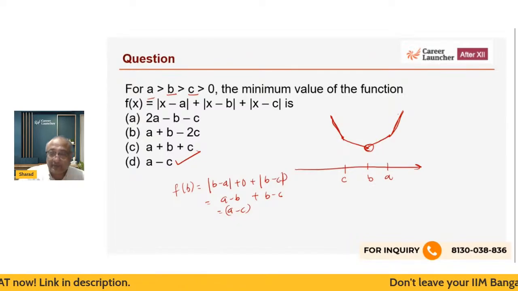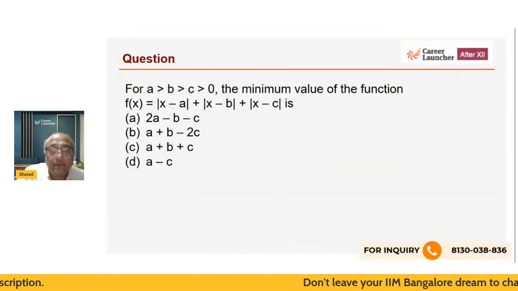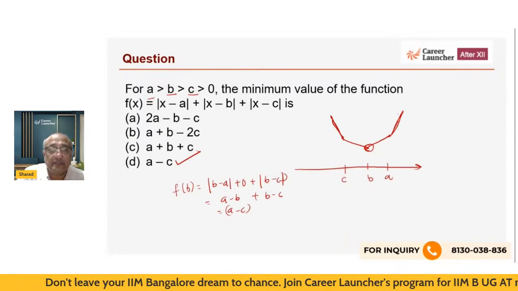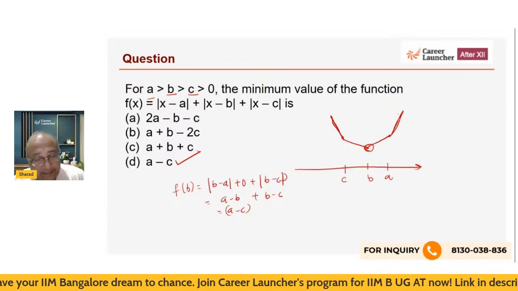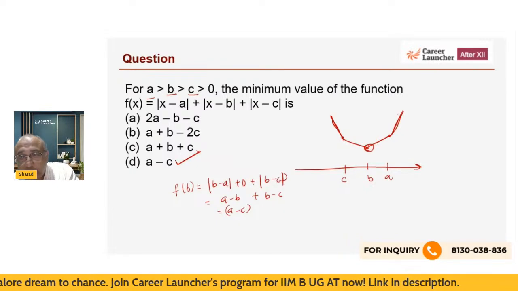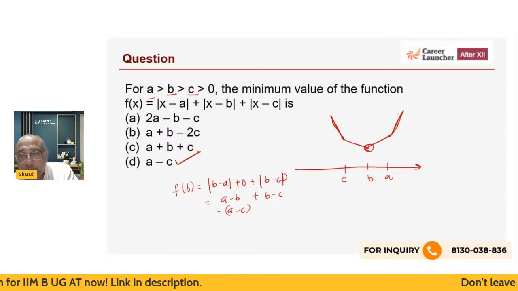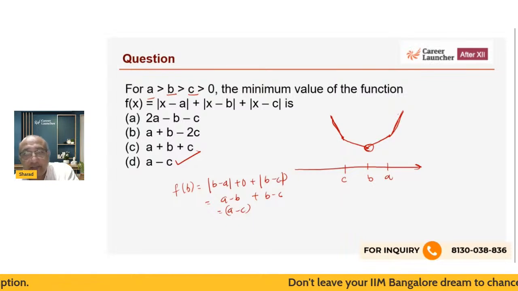In the last case also, if you see 5 minus minus 2 is 7, 7 is the answer. In this case also it is a minus c. Understood? A minus c. That's the correct answer. Very good. Wonderful. That means you have got this jugaad method.